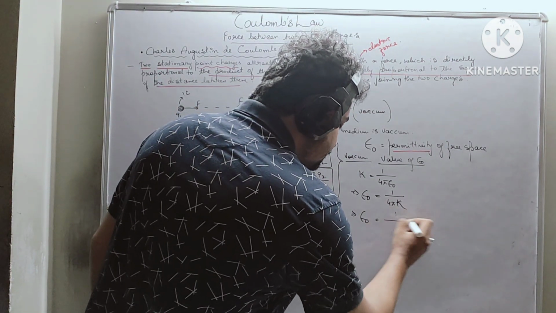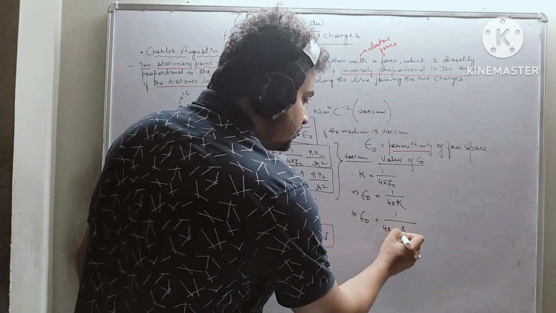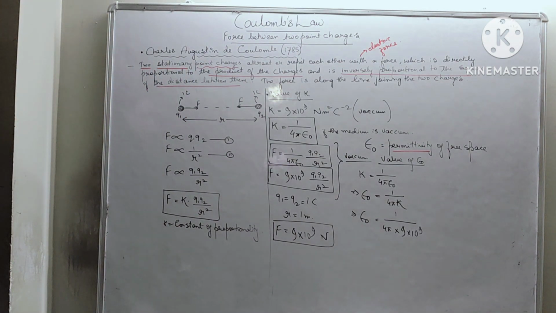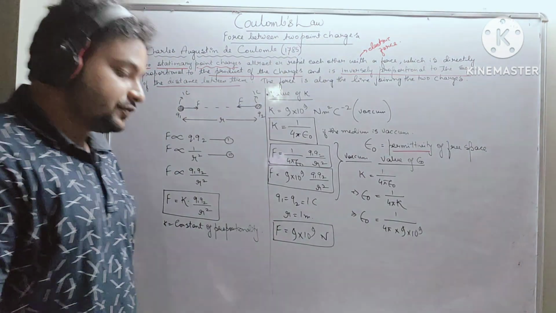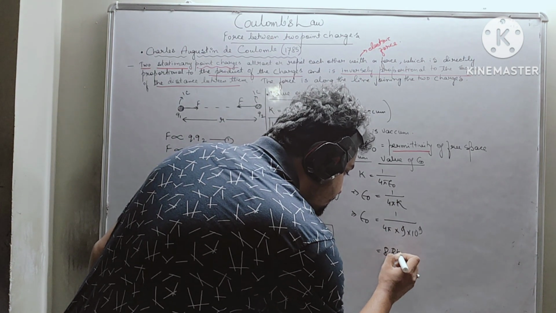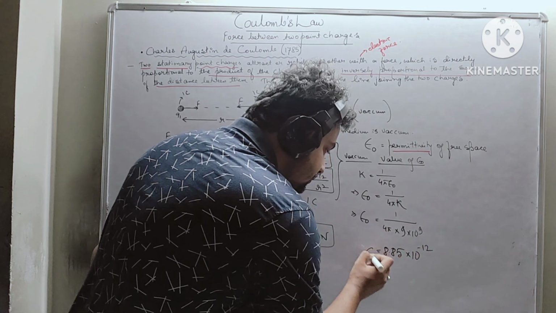We know that the value of K, as I already told you, is 9 into 10 to the power 9. If you calculate this, we get 8.85 into 10 to the power minus 12.